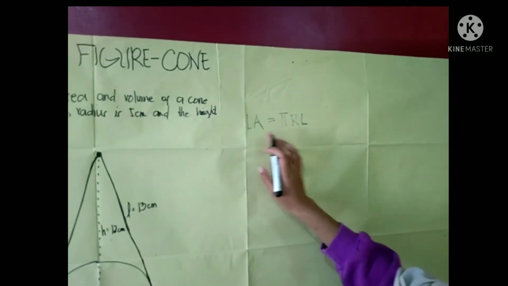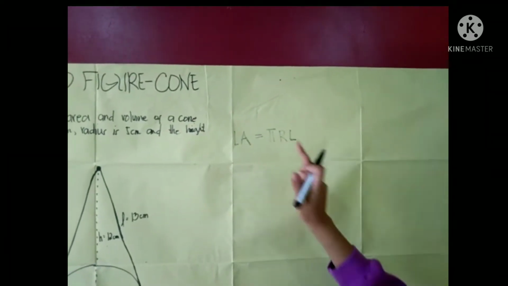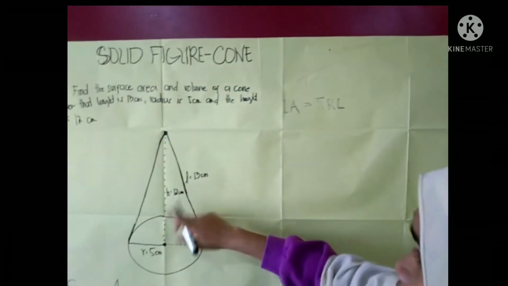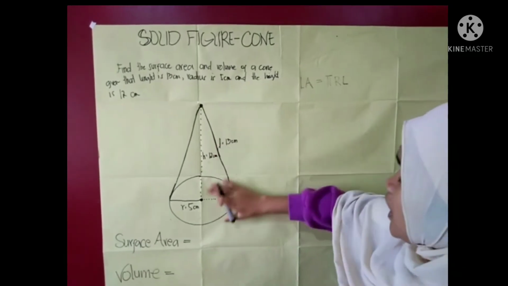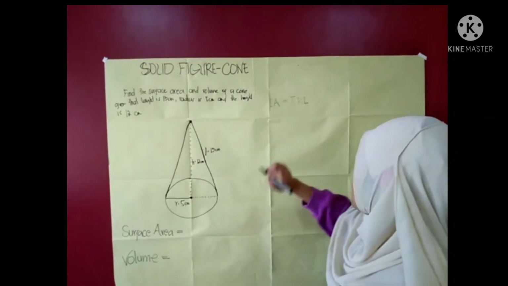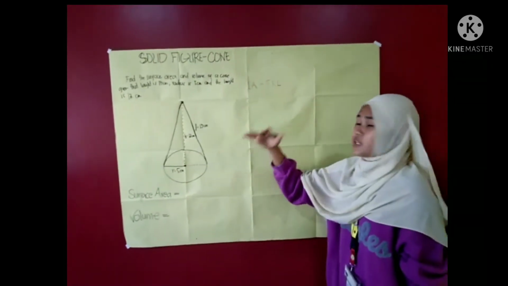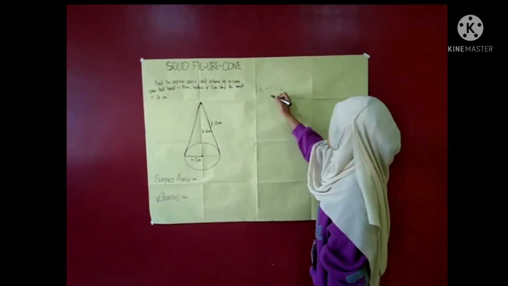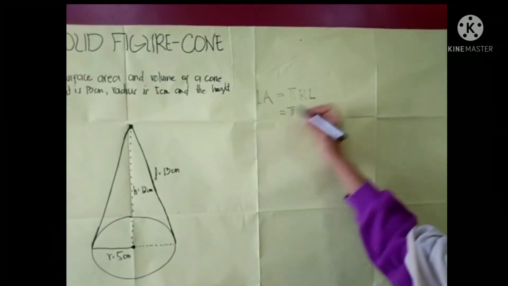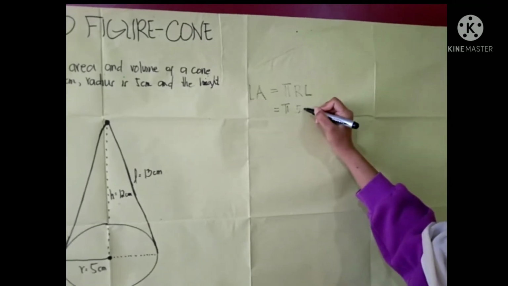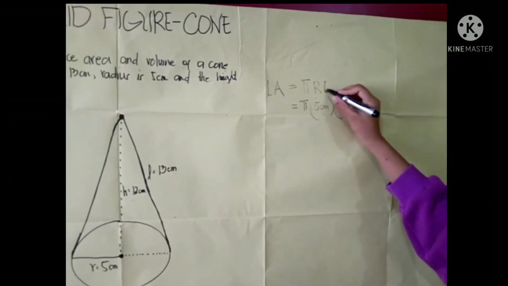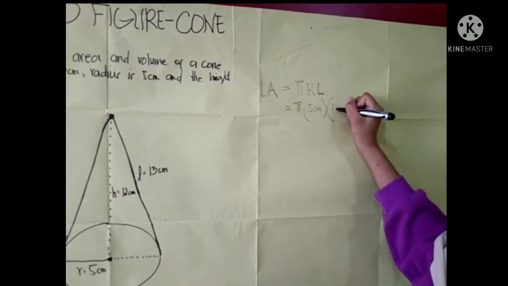Now we are going to determine the value of R and L, since they are already given in our problem: R is 5 cm and L is 13 cm. We substitute the values. So it becomes pi, just copy it, times 5 cm, times 13 cm.